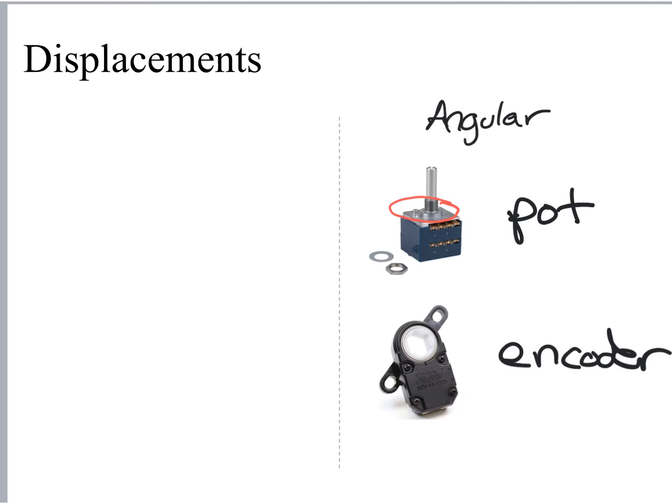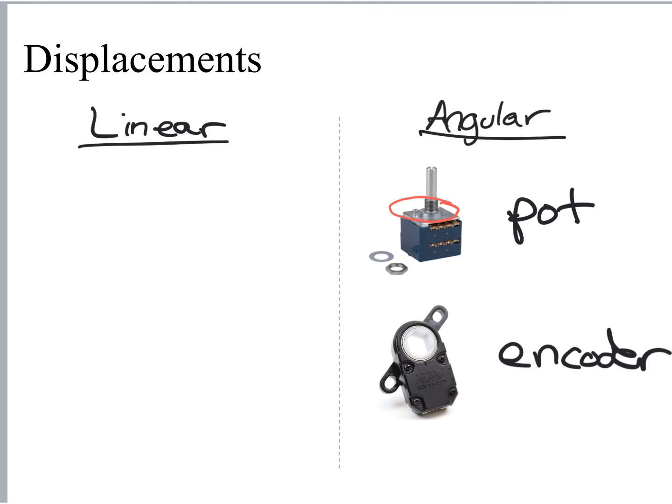You can buy multi-turn pots, but you don't have the ability to go continuously around and around. On the linear displacement side, we also have reasonably good technologies. For example, we've talked about the linear analogs to the angular technologies.